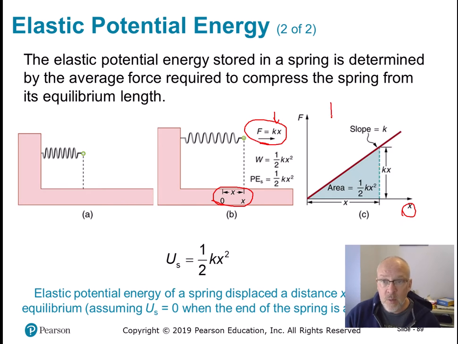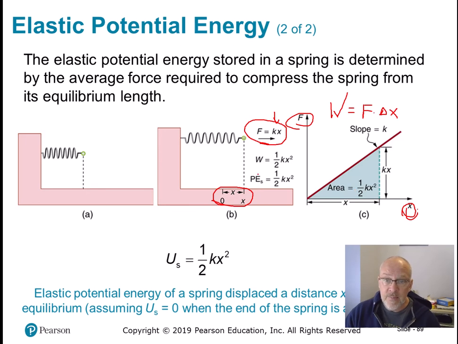So remember that work is F delta x, and that's just this times that, which is the area under the curve graphically, which is the work or the energy. Remember, work and energy are synonymous. And so that would be the energy of the spring.